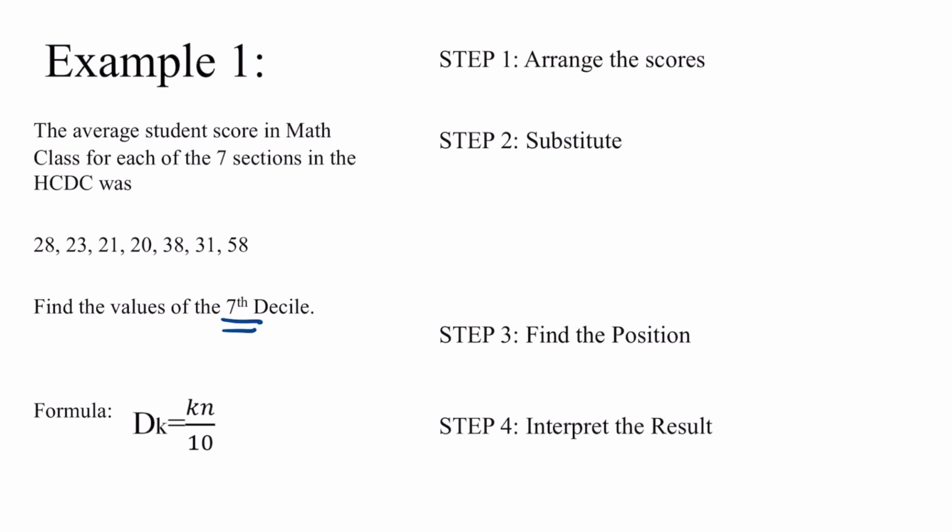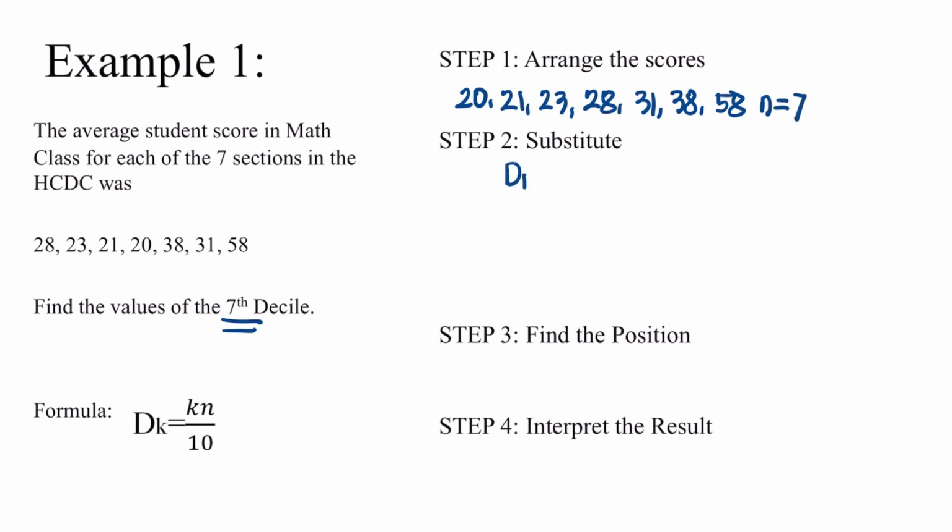Take note, class, that the formula this time is d sub k is equal to kn divided by 10. 10 is because we divide the class per 10. So let's start. Step 1, arrange the scores. 20, 21, 23, 28, 31, 38, 58, where n is equal to 7.